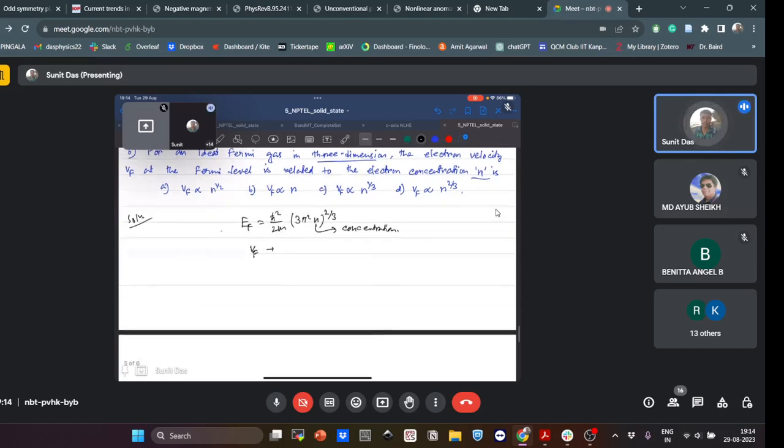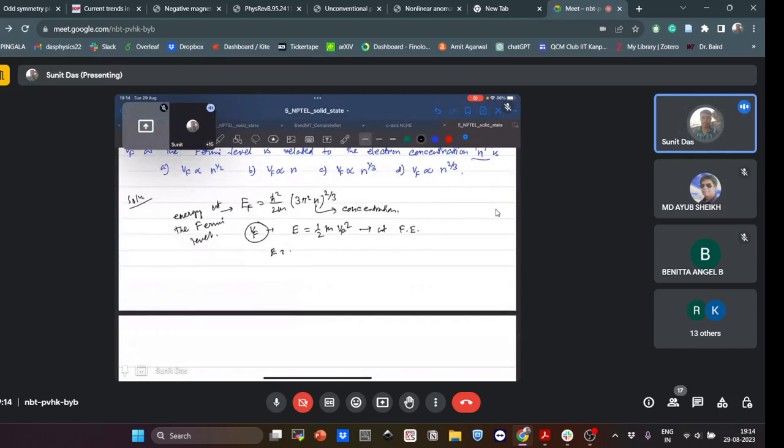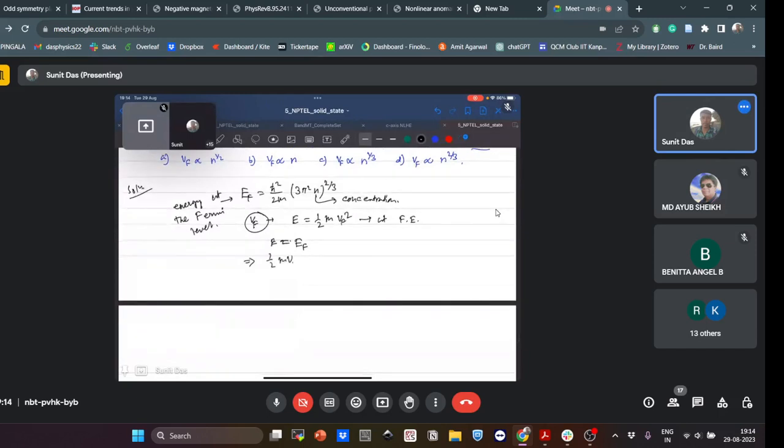So E_F is also the energy at the Fermi level. Now if Vf is the velocity at the Fermi energy, then we can also say that the energy will be half m Vf square at the Fermi energy, right? So just equate these two equations.